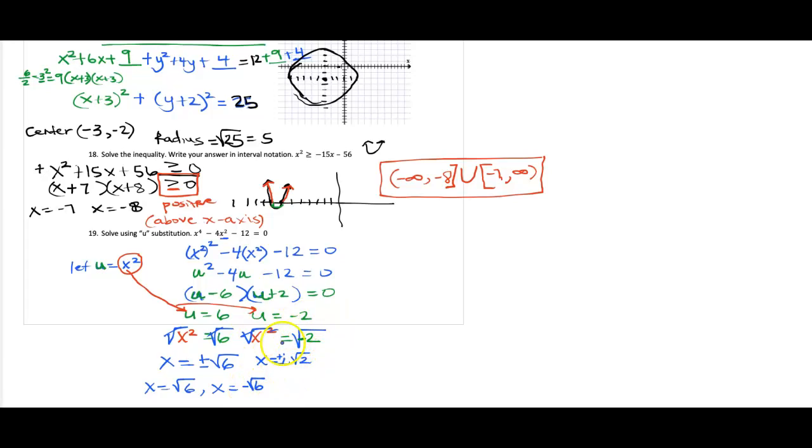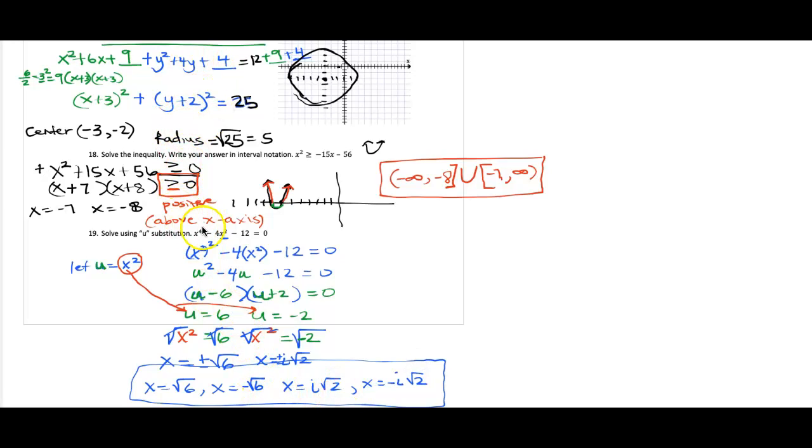So x equals i square root of 2, and x equals negative i square root of 2. Okay, now I ended up with 4 answers, and 2 of those answers are imaginary, and that's just fine.